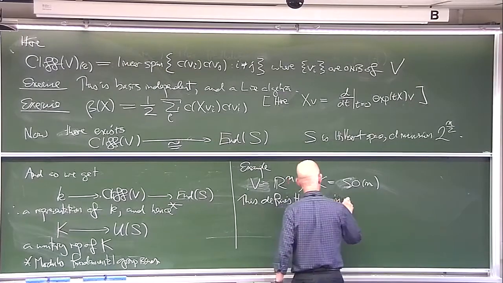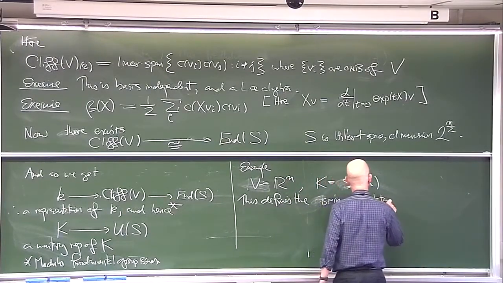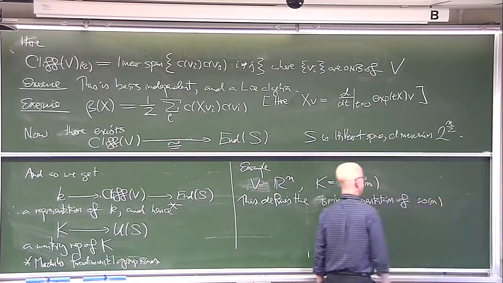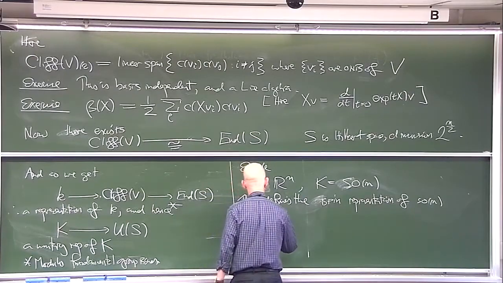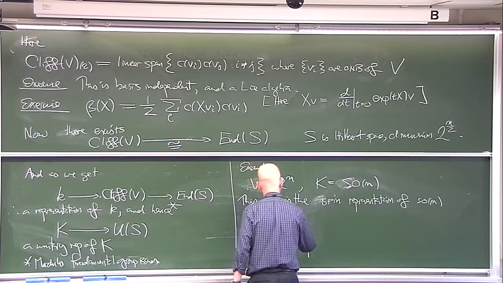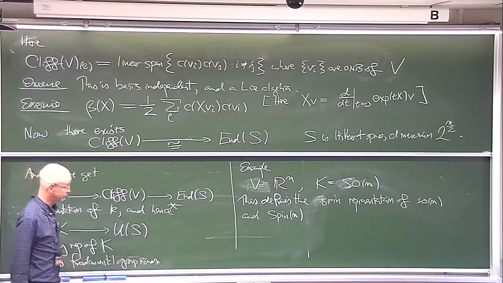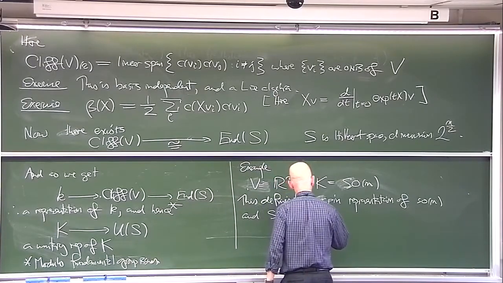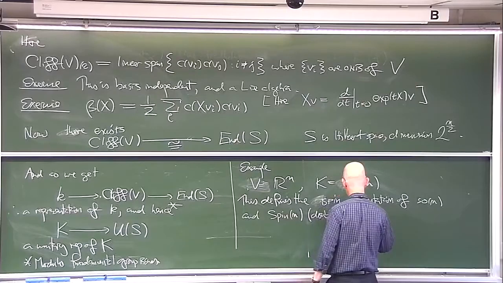And in this way, you get what's called the spin representation of, well, it's certainly a representation of the algebra. When you attempt to exponentiate it, this is a perfect example of a situation in which there's an obstruction. It's a representation of Spin(n), which is some double cover, in fact, a unique, simply connected double cover.